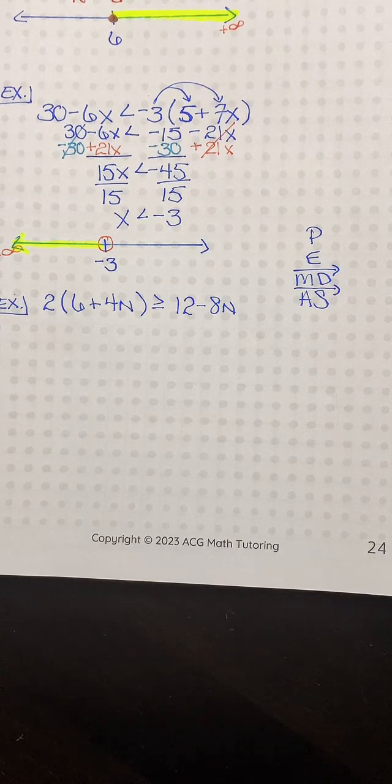I got a -10. I have a 1 with a question mark. Let me see a couple more answers. Remember, question marks are answers too. If you're not sure, go ahead and put a question mark in. So we got 16n is greater than or equal to 0.